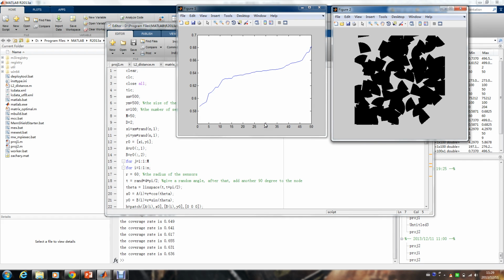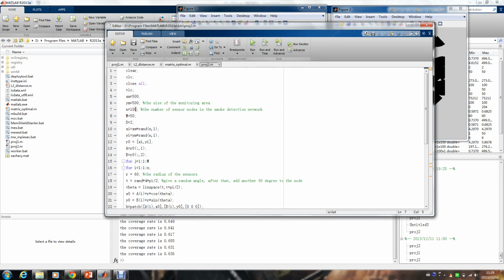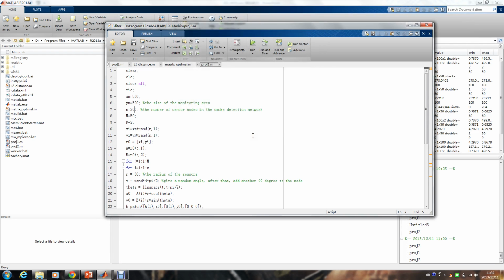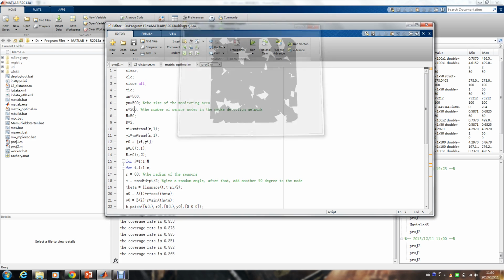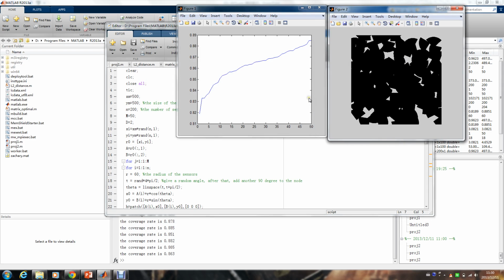The probability is about 0.682. And we're going to try 200. Here, the maximum probability is about 0.885.